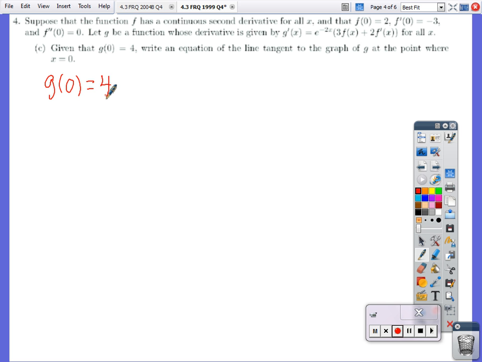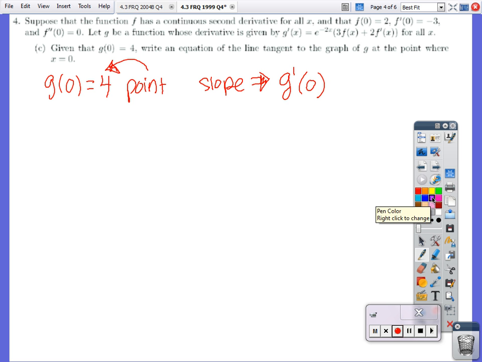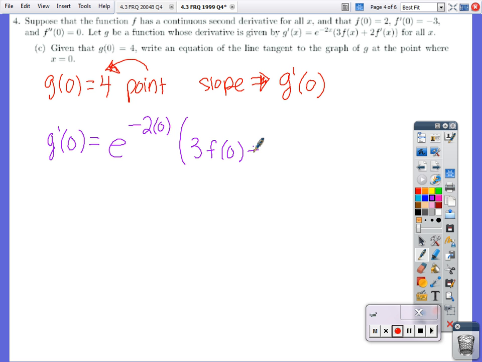So we have the point, and now we need the slope. The slope would be g prime of 0. So the first thing I need to do is use that g prime they gave us and substitute in 0, times 3f of 0 plus 2f prime of 0.